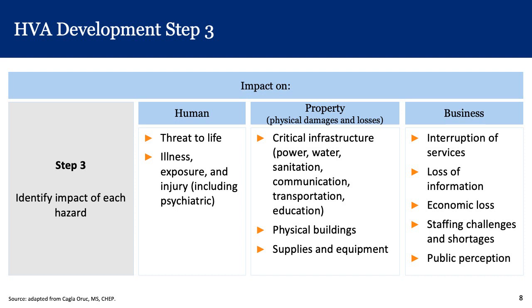Are there staffing challenges or shortages that could arise as a result of this impact? And very importantly, last but not least, what is the public perception of this impact? Because risk communication is critical once we've developed a hazard vulnerability assessment, to leverage the hazard vulnerability assessment to craft risk communication messages should any of those events materialize.